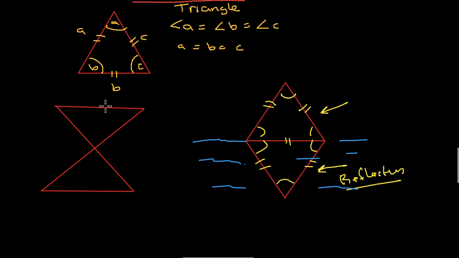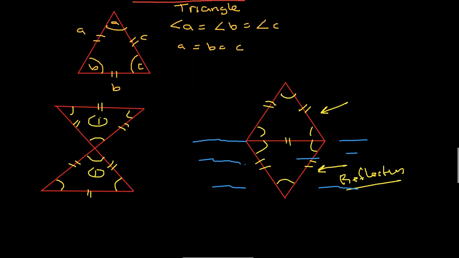Okay, so again, this side, this side, this side are going to be equal. This angle, this angle, this angle are going to be equal too. So this angle is opposite to this angle, so they're going to be equal. And these lines will all be equal as well. So there's triangle 1 and triangle 2. So it's kind of the same thing as this, except you're flipping it on its head.